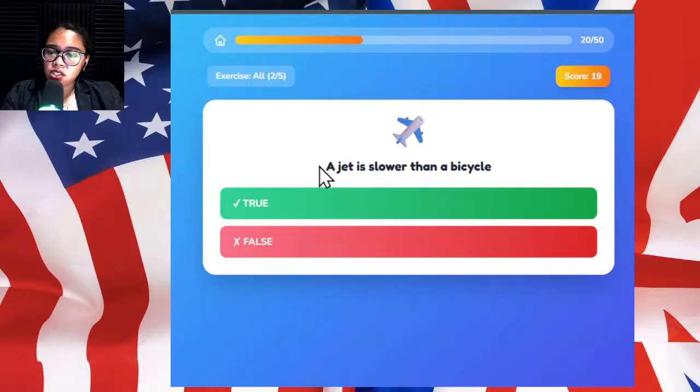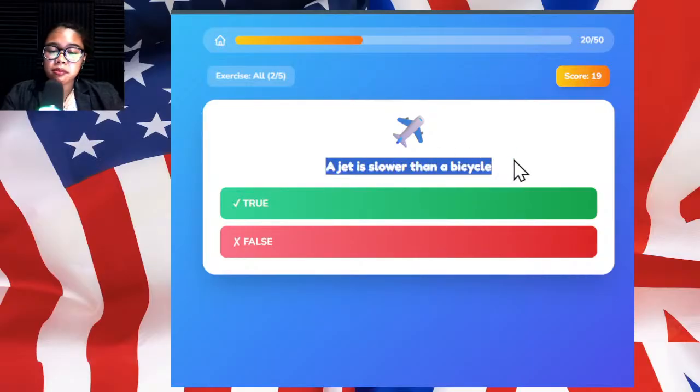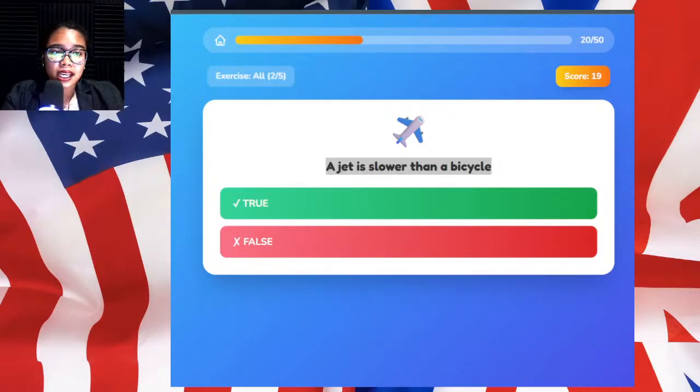Next, a jet is slower than a bicycle. Again, we've established that a jet is the king of speed. In comparison to a bicycle, which is human powered, pedal power only, and does not use fuel, it depends on the user.